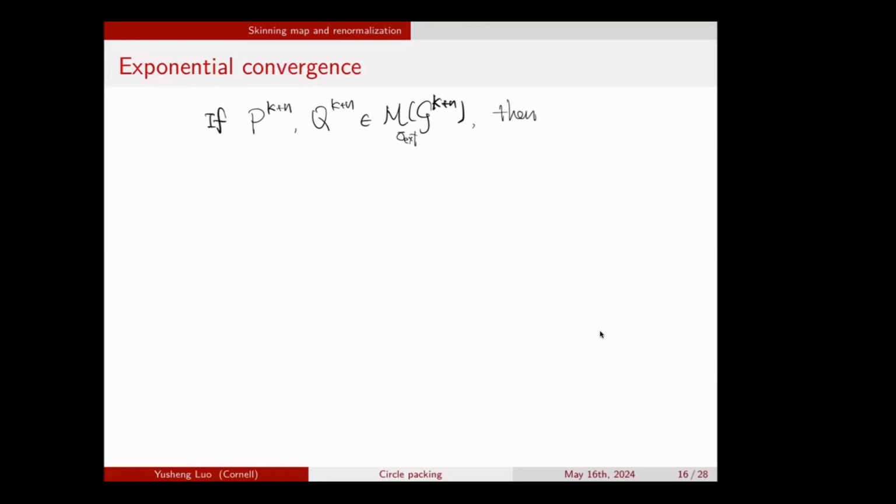Then if we look at the Teichmüller distance between P_k and Q_k, this is going to be O(delta^n).